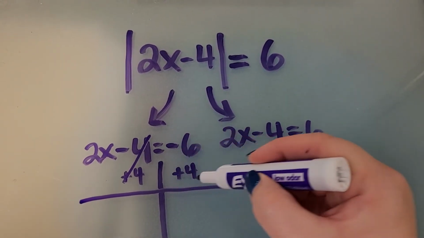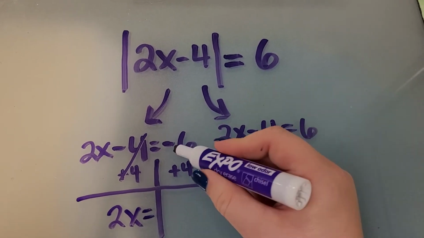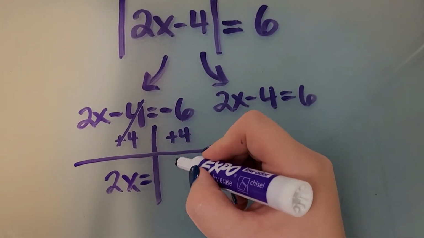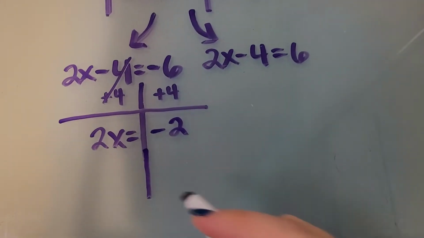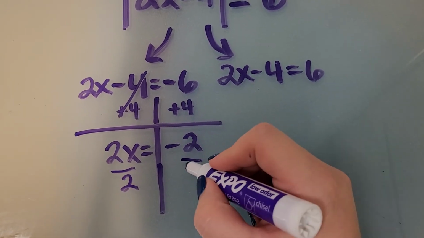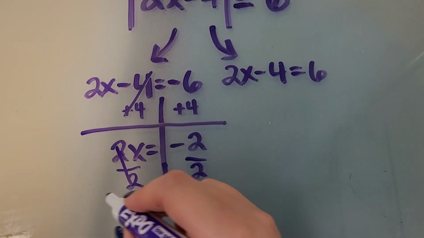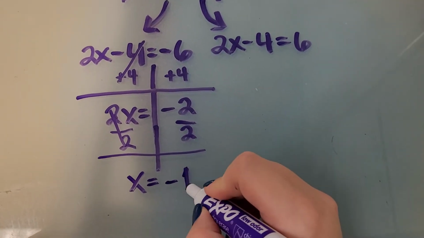So here I would add 4 to both sides. So 2x equals -6 plus 4 would have to be -2. And then to undo 2 times x, I'm going to divide by 2. So that gives me x equals -1.